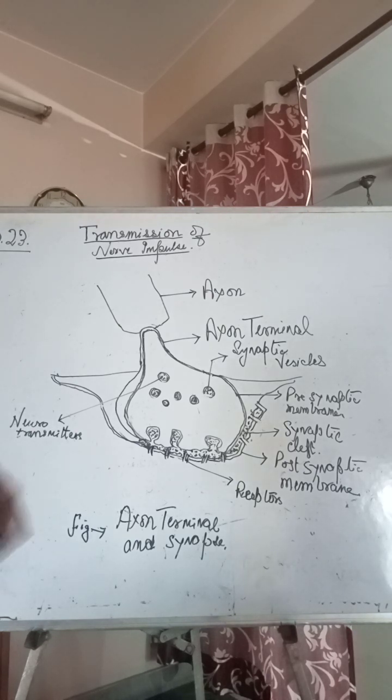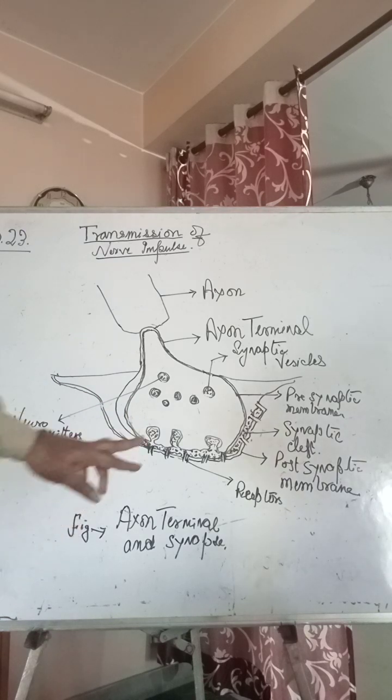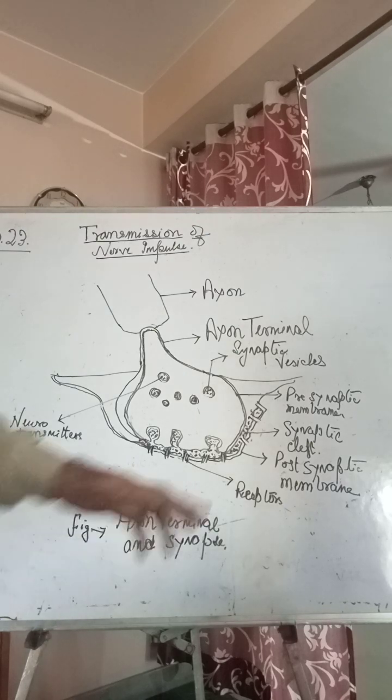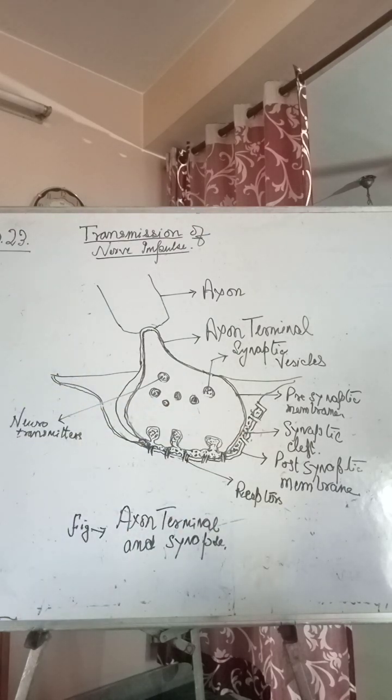The same thing happens here when the neurotransmitters in a chemical synapse combine with the receptors in the postsynaptic membrane, and these ion channels open up.